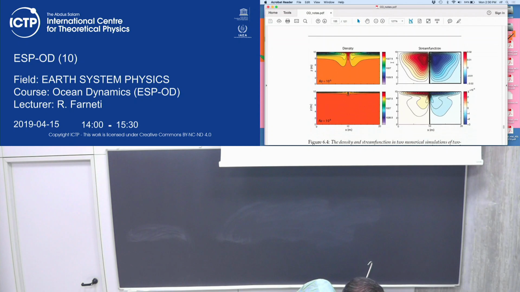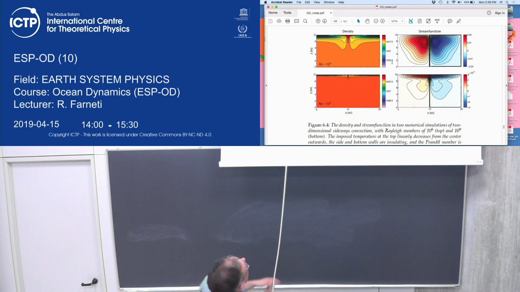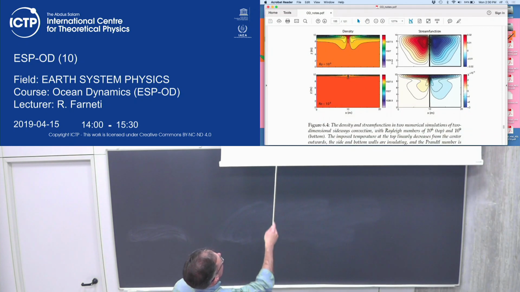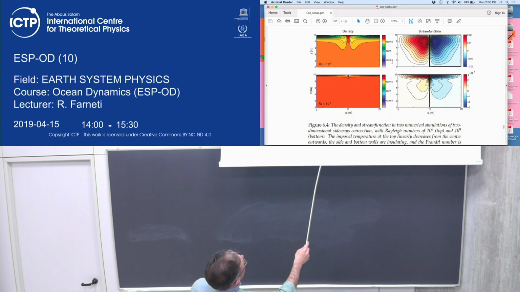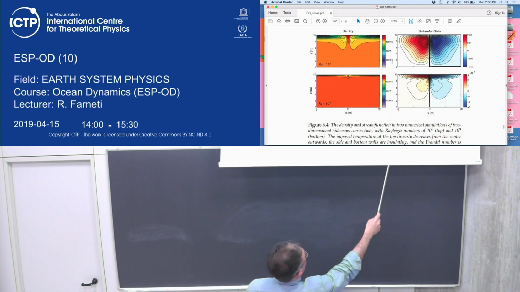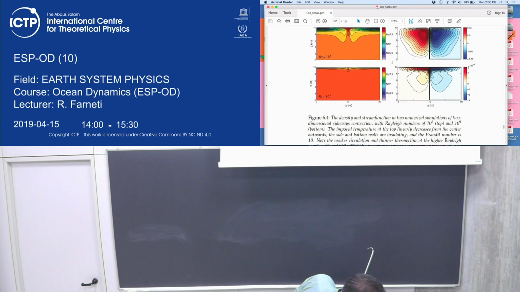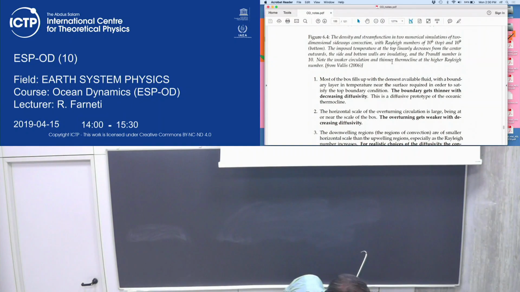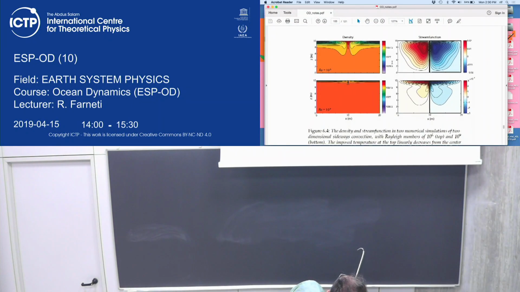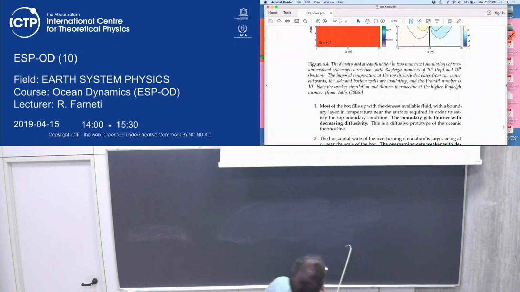Here there are a couple of solutions. This is the density profile in our box, with height or depth on this axis and latitude on this one. And this is the stream function psi in two different cases: here the Rayleigh number is relatively small and here it is relatively large. What happens is that most of the box is filled with the densest available fluid, which is given by the boundary condition at the top.